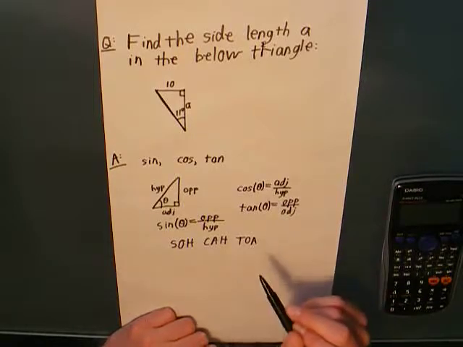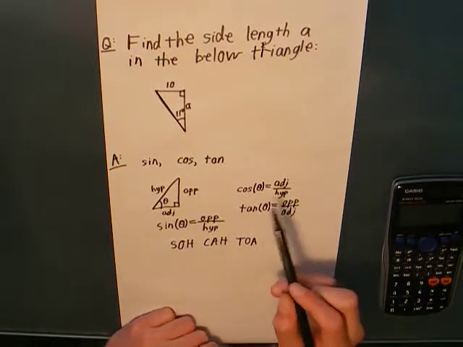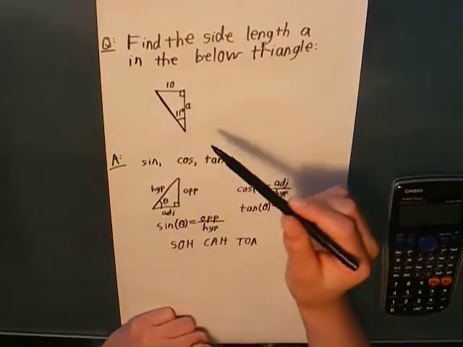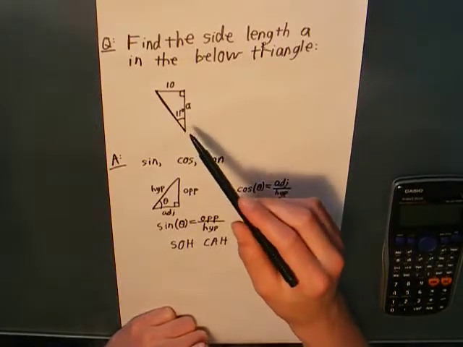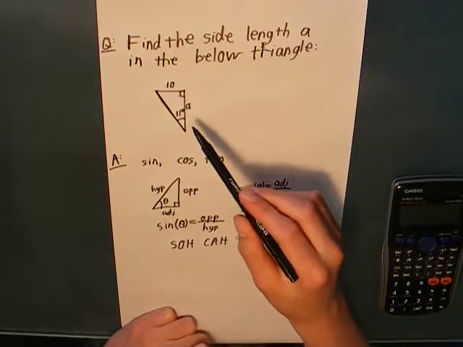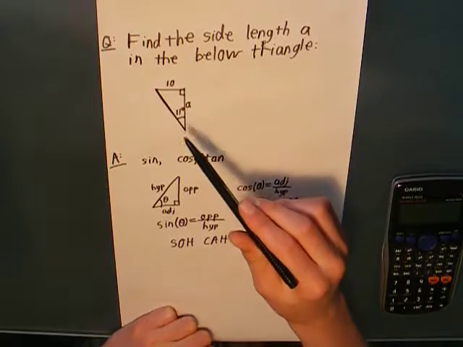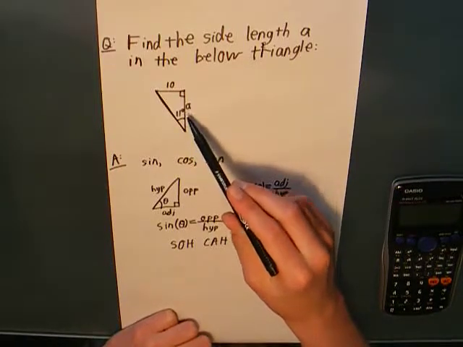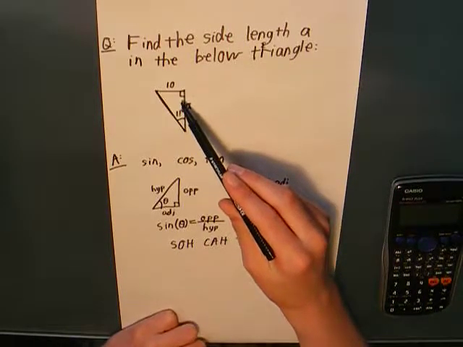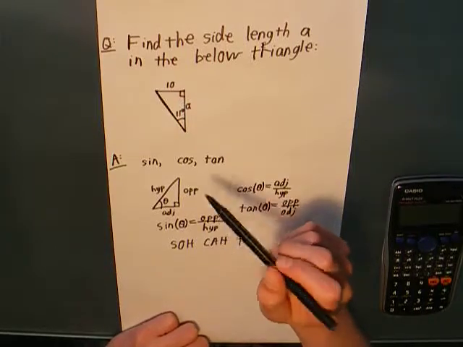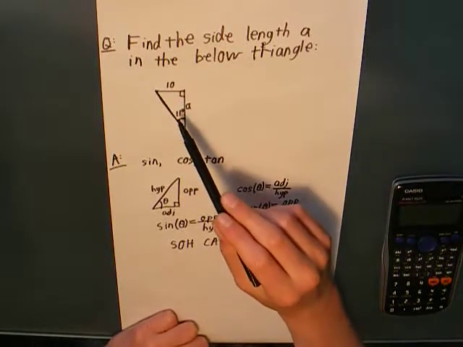Now, you can see here that I've got a side length A that I want to find, and this is adjacent to this angle I know. Now you never use this as your angle in the sine, cosine and tan, because it doesn't help you really at all.